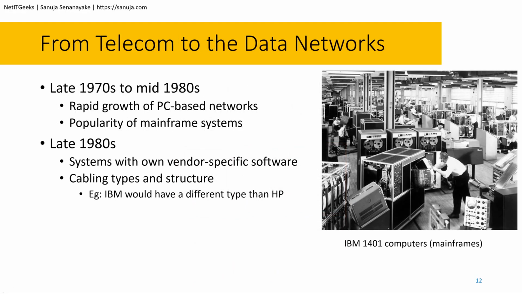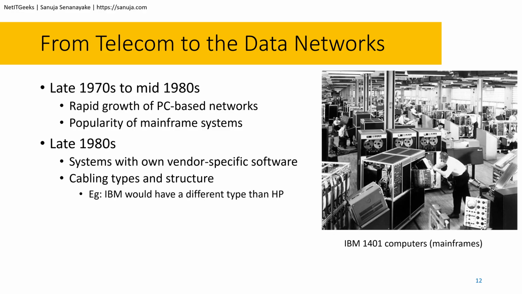So, from telecom to data networks, if you look at it from a historical point of view, from the late 1970s to the mid 1980s there was a rapid growth of PC-based networks. Mainframe systems really took hold in major companies, corporations, and governments. IBM, even today as of 2022, plays a major role in the popularity of mainframe systems.